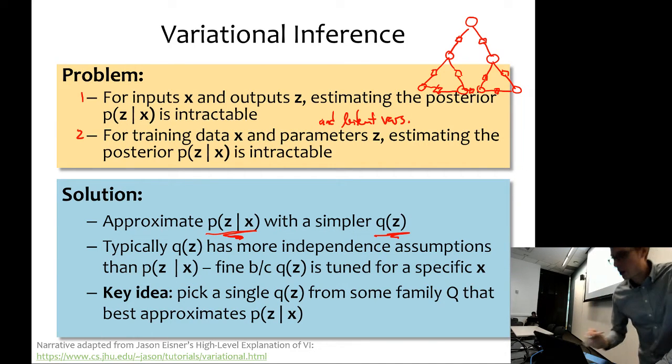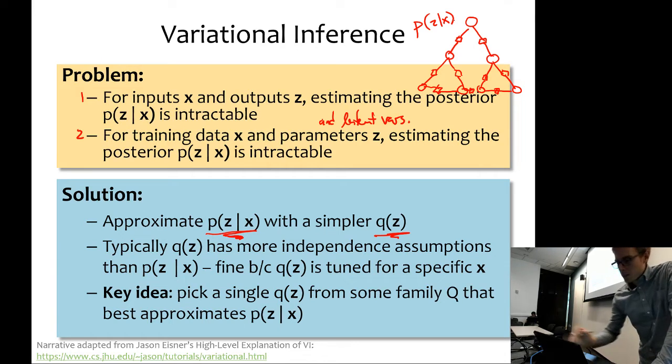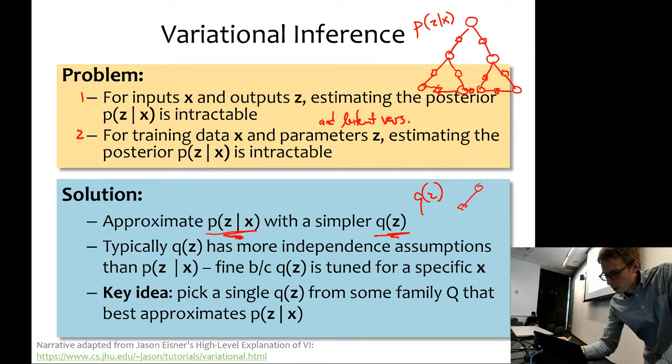So going back to our homework 2 example, if this is the factor graph for P of z given x, we could say that Q of z for that specific x is just going to be the simpler model that you already knew how to do exact inference on, right? The tree structured model.